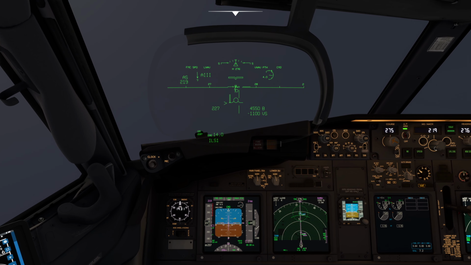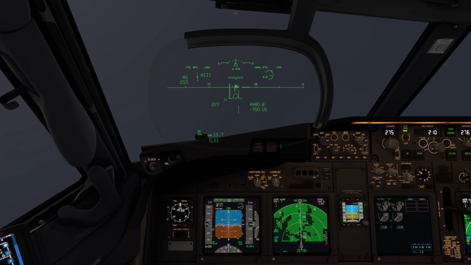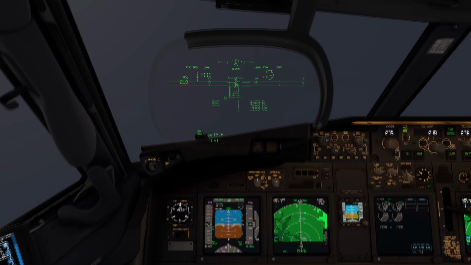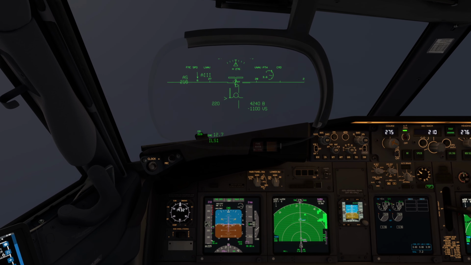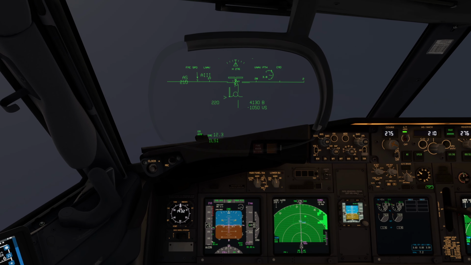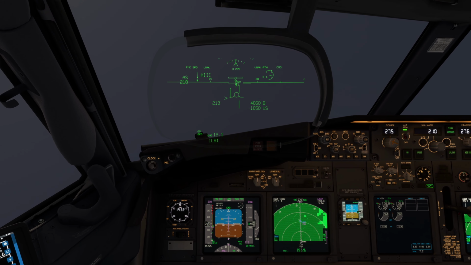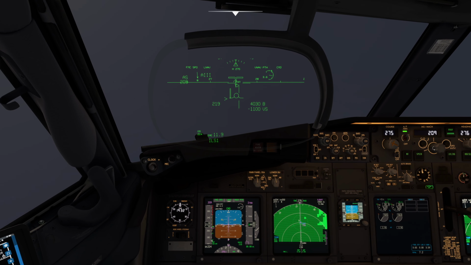With the flaps set to 1, we can reduce speed to 210 knots. With flaps 5, we can set 180 knots.